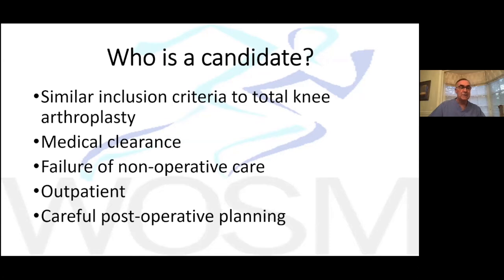Presently, and this may change soon, in order to use a robotic computer-assisted arthroplasty technique, it must be done on an outpatient basis. This will probably change in the not too distant future at many of the hospitals and hospital systems around the country. But presently, if we were discussing it today in the office or tomorrow, you would have to be a candidate for outpatient care.